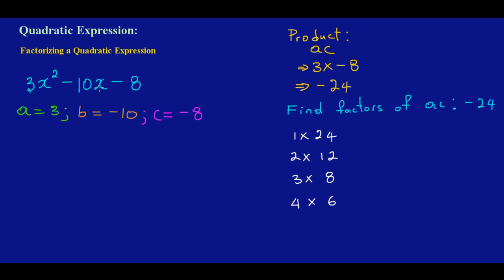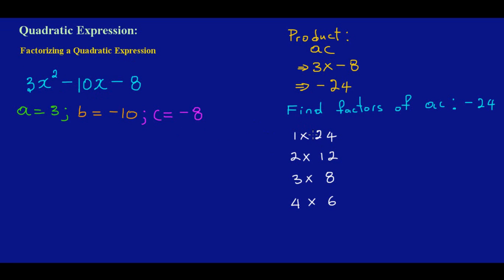So obviously, by process of elimination, 1 times 24 is 24, but 1 plus 24 will not give me negative 10. A neat little trick that I'm going to show you is that any sign that b carries, the larger factor usually carries that sign.